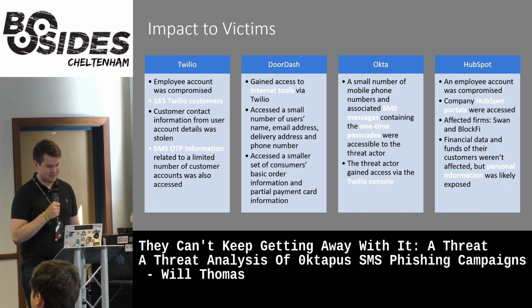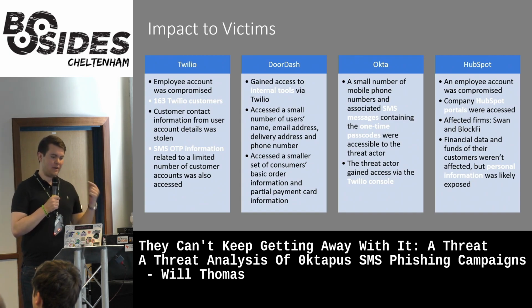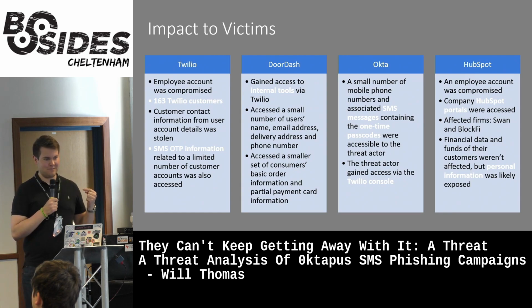The customer contact information from Twilio was stolen, and SMS OTP information was accessed by the threat actors. They had access to Twilio's backend with the SMS codes being sent. By having that access, they were then able to target other companies as well, like DoorDash, Okta, and more down the line.